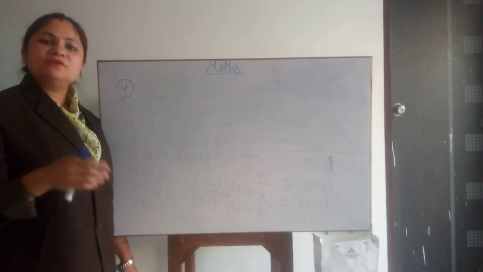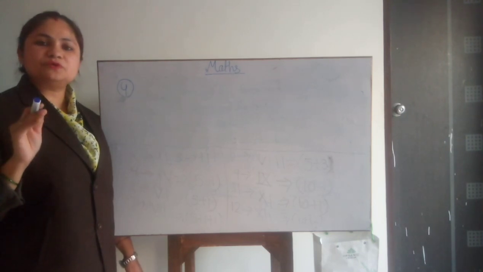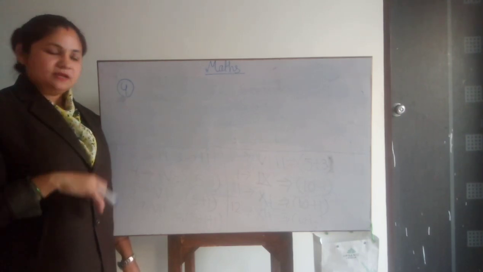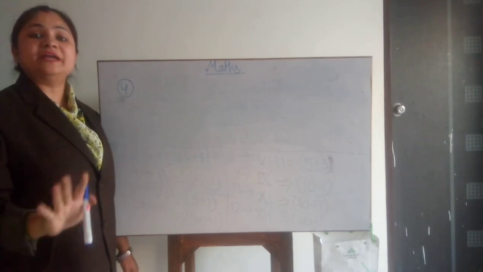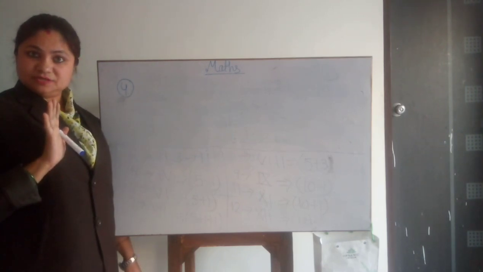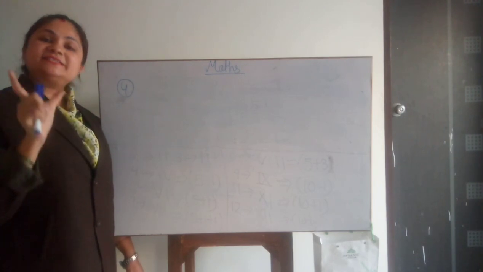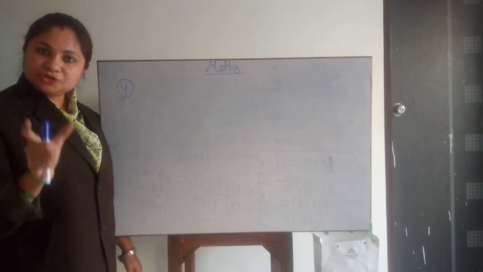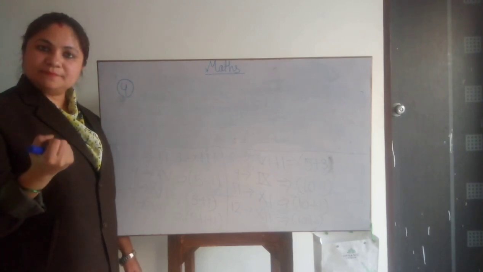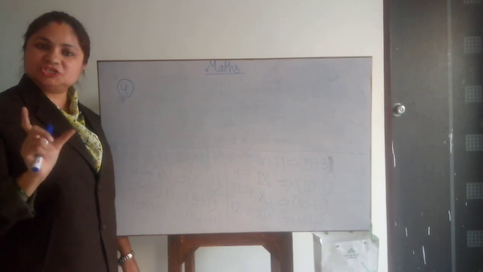Actually, he paid for the swing because he was fond of swinging. How much money did they pay altogether? This is your question. When such words come, altogether, total, it means you have to do addition.